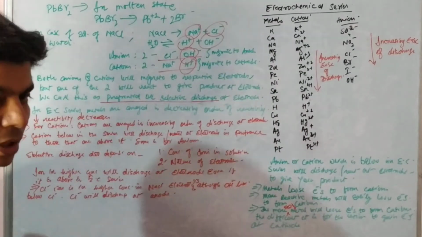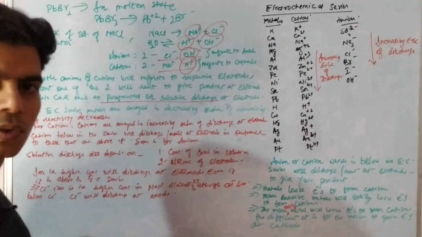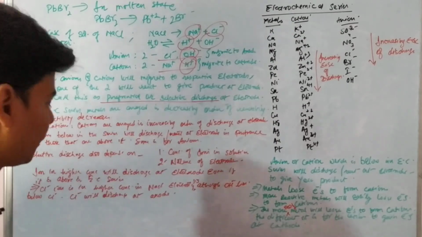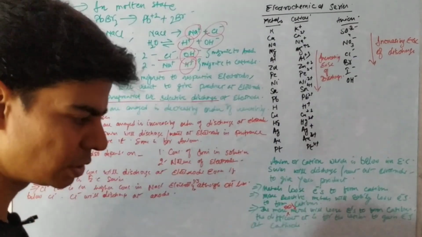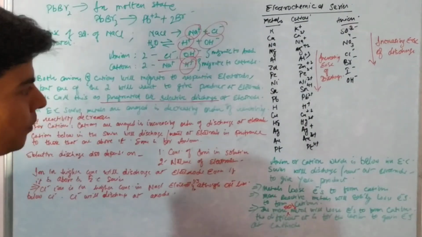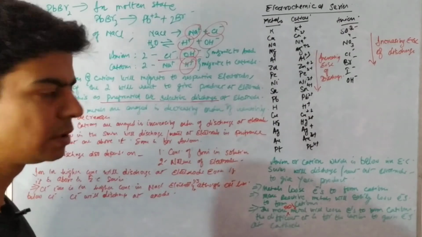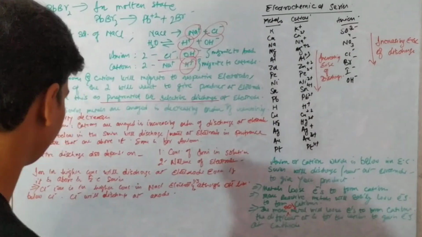But OH ion will not discharge at the anode because OH ion is in less concentration in solution. So whichever is in higher concentration will discharge at the respective electrode. And the other ion, even if it is below, but is less in concentration, will not get discharged.